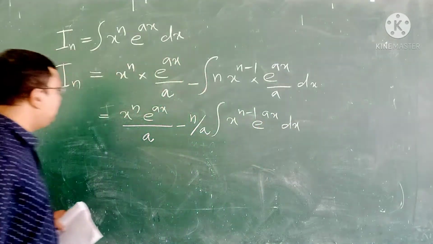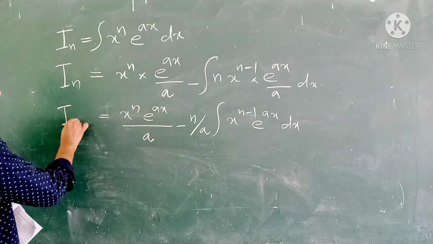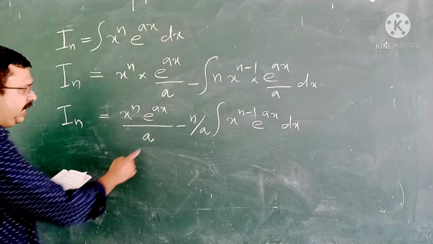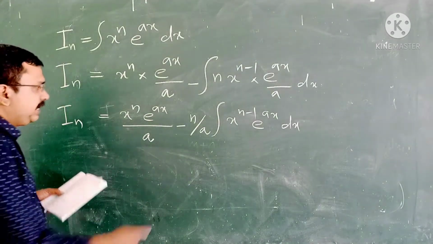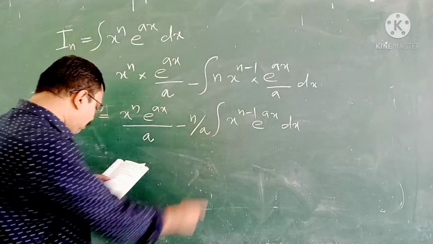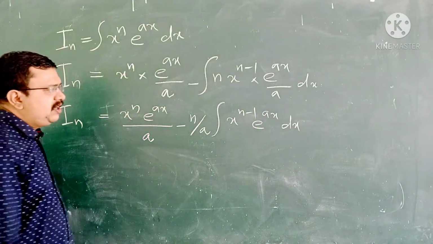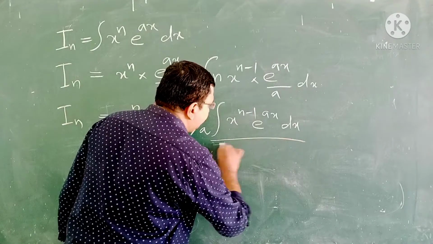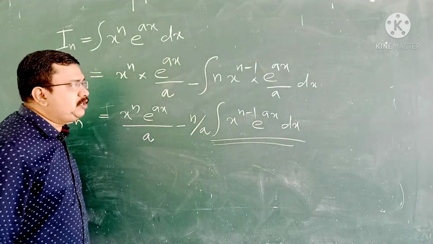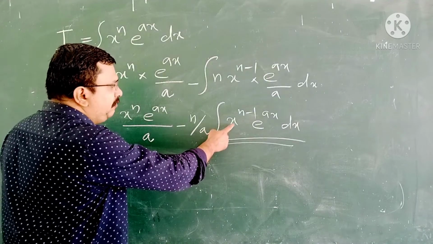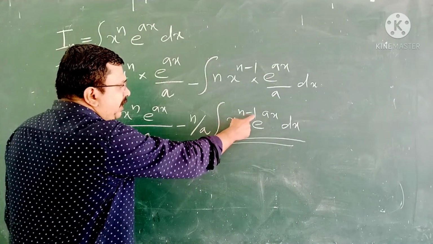Okay, that is our In equal to x raised to n e raised to ax by a minus n by a into integral of x raised to n minus 1 e raised to ax dx. What is this function? This function is equal to I n minus 1, because here the power of x is n minus 1.